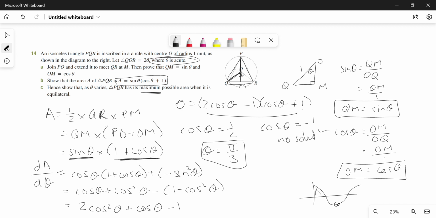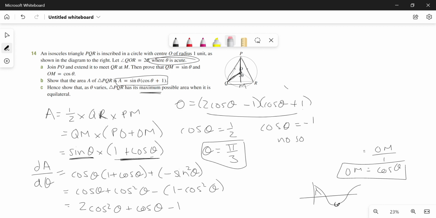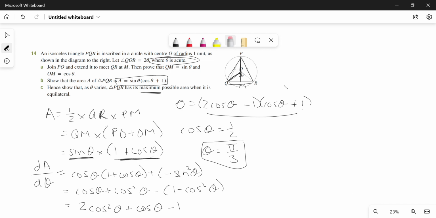So let me make a bit of room. Hopefully we don't need that bit, and that was our no solution, so we don't need that bit. Okay, so let's have a look at d squared A d theta squared, our second derivative. I could do it straight off here.